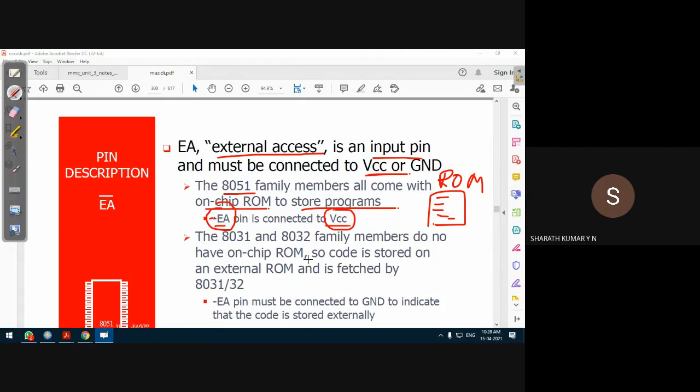Whereas some lower end microcontrollers like 8031 and 8032 do not have on-chip ROM memory. The program or the code is stored in external ROM memory only, and the instructions have to be fetched by the microcontroller from it.